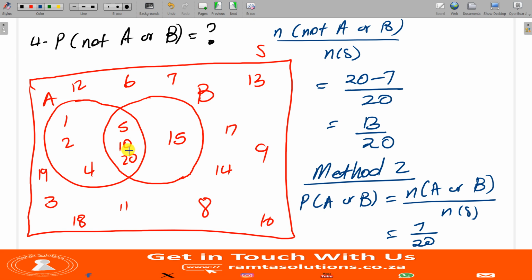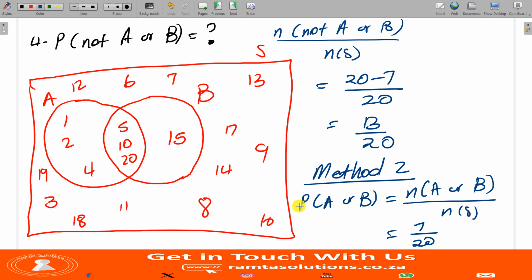One that is available on both of them must be written once. So that means 1, 2, 4, and then 5, 10, and 20 are available to both events. So you must write them once. Hence, I will count them once. It will be 1, 2, 3, 4, 5, 6, 7.